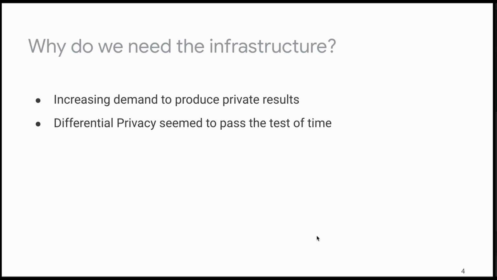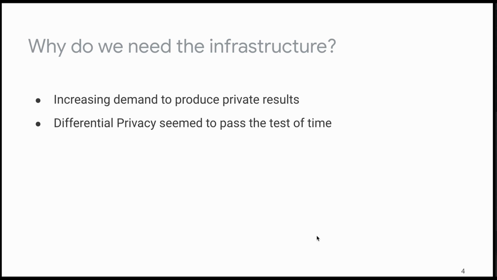One of the first questions that we asked ourselves about 3 years ago was, why do we need the infrastructure? Around that time, we started seeing that there was an increasing demand to produce private data. At the same time, differential privacy started to emerge as a very solid privacy guarantee by passing the test of time.